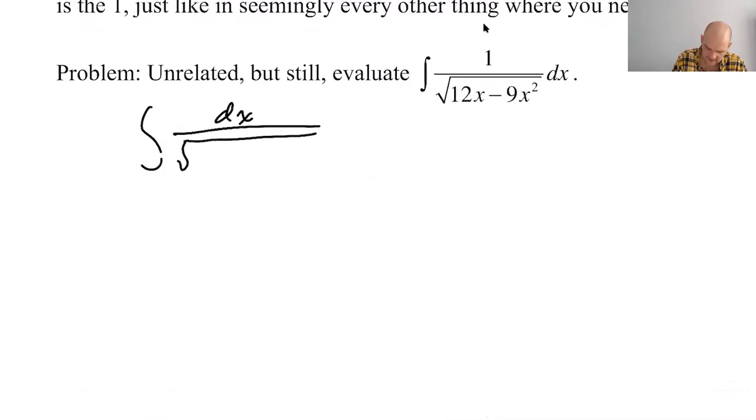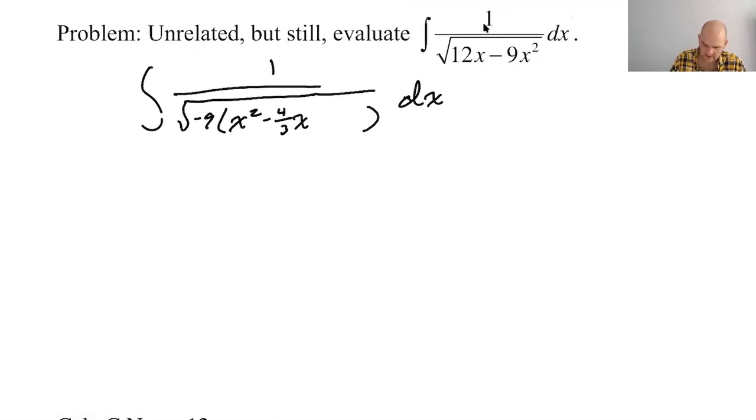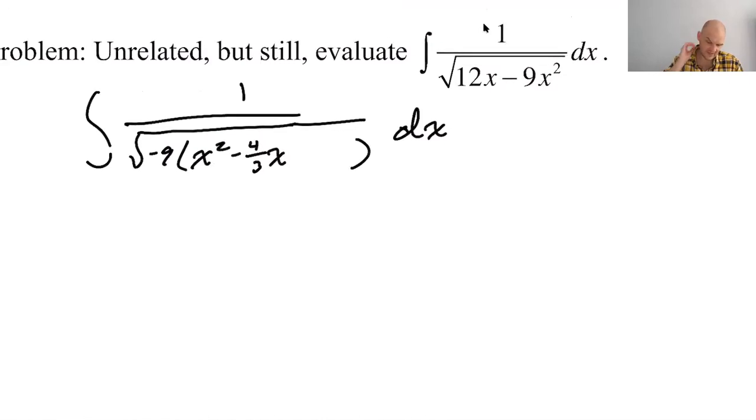So I'm going to take out negative 9 because I don't like to complete the square with a negative leading coefficient. And it'll be minus 4/3 x. Okay. And then the dx, I don't really like putting dx up here anymore. I used to, but then I came around. All right, so if I divide by 2, I get negative 2/3, and if I square it, I get 4/9.